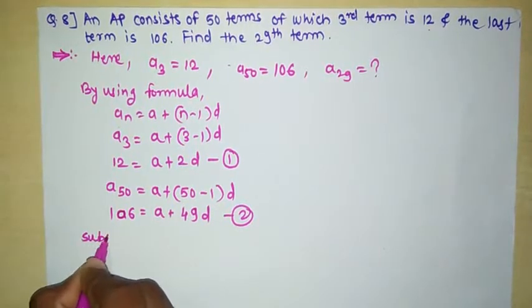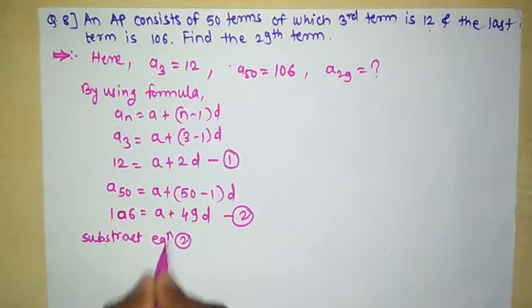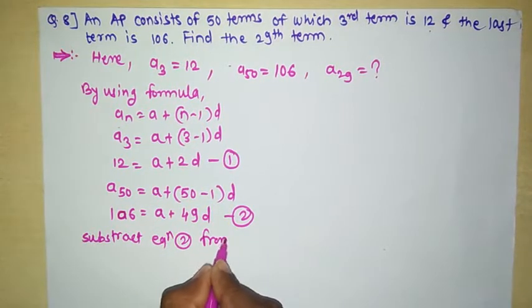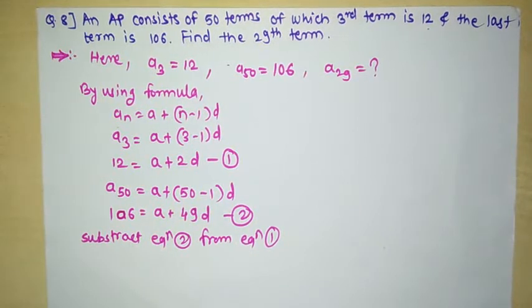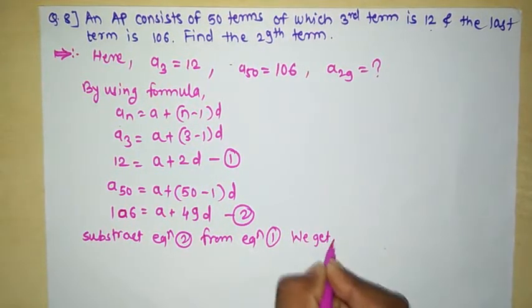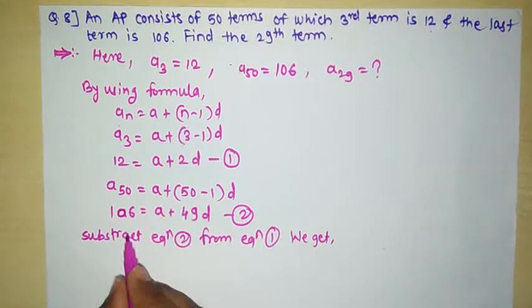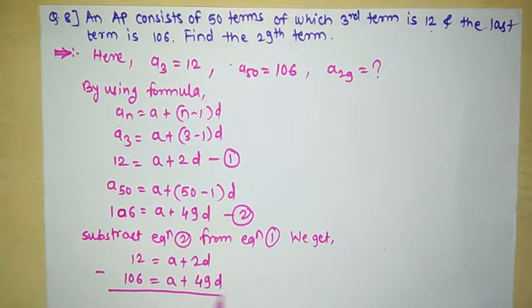Subtract equation 2 from equation 1. We get 12 is equal to a plus 2d, minus 106 is equal to a plus 49d.